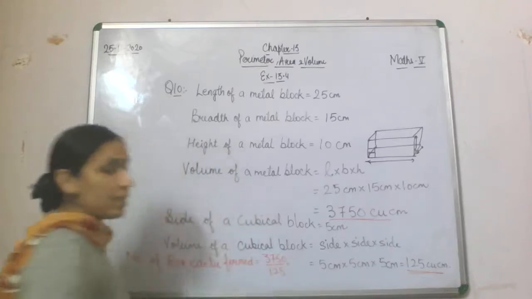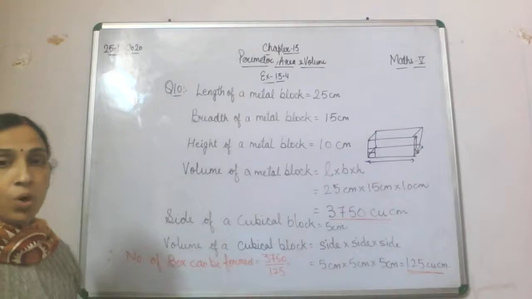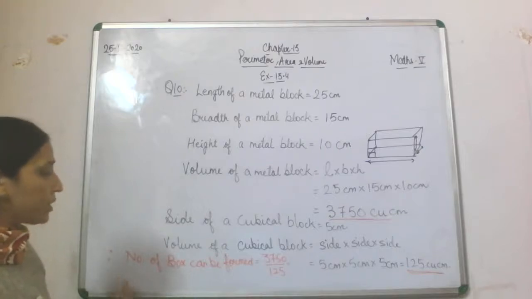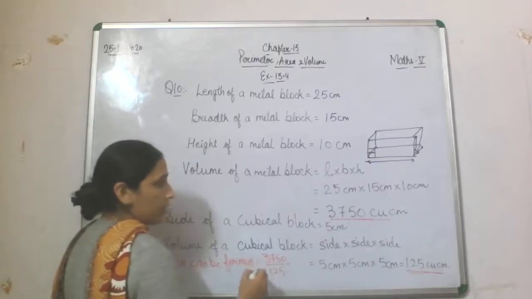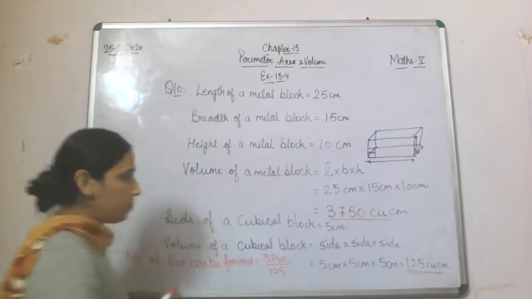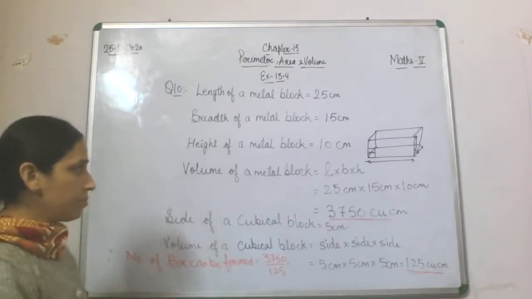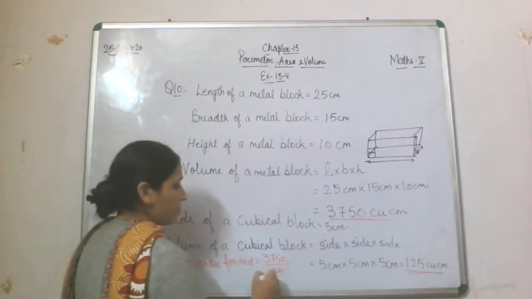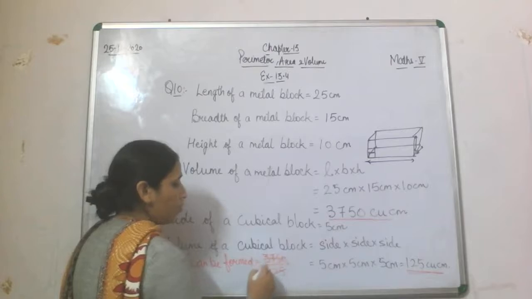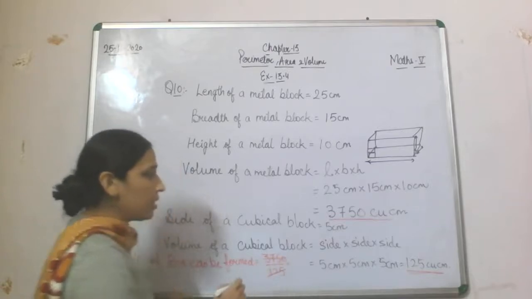And you will get the number of cube boxes that can be formed. So we'll do the cancellation, do the division, and then we will get the answer.